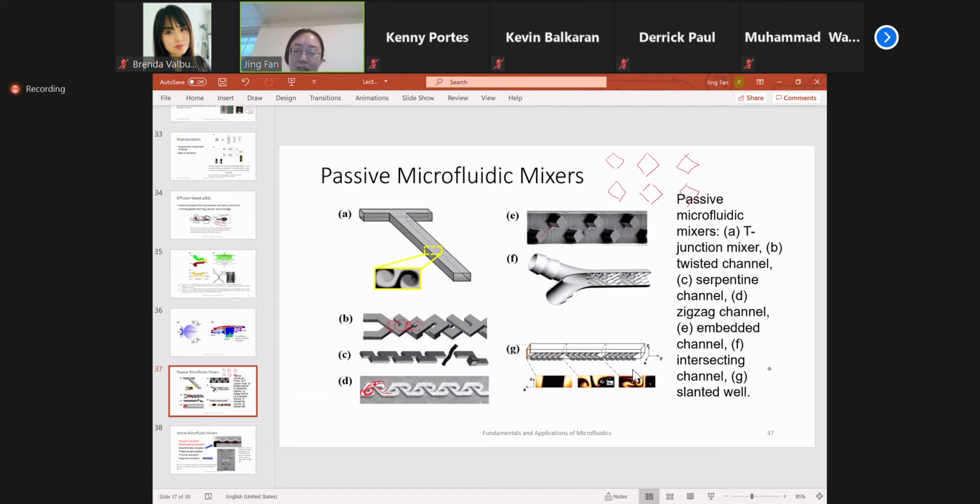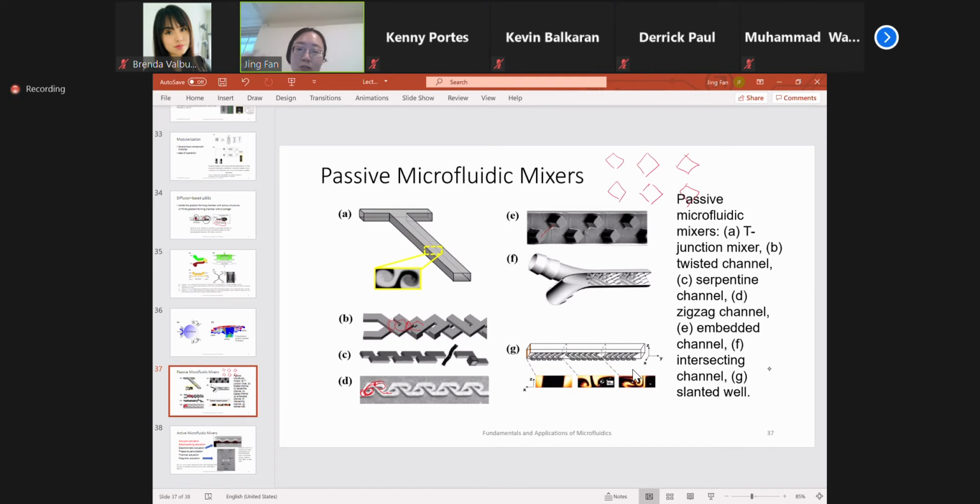And in the next panel, next picture, this is a slanted well channel. So we have this mixer in which slanted wells or slanted grooves are placed in the bottom surface of the microchannel to promote mass transport of fluid.